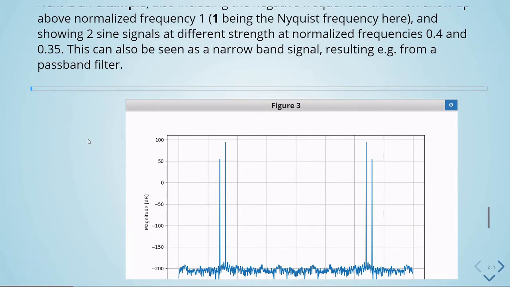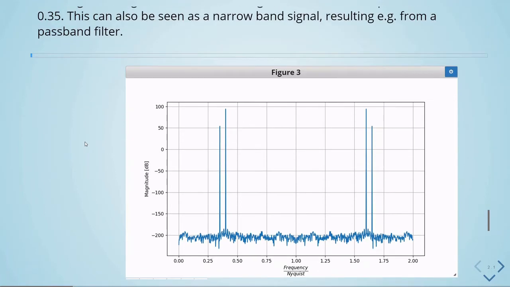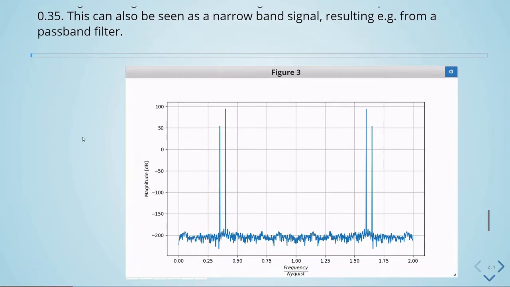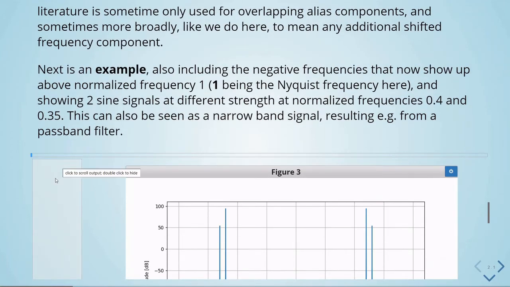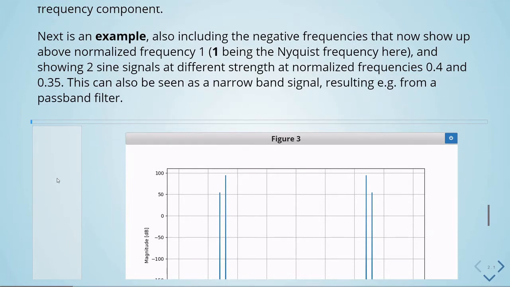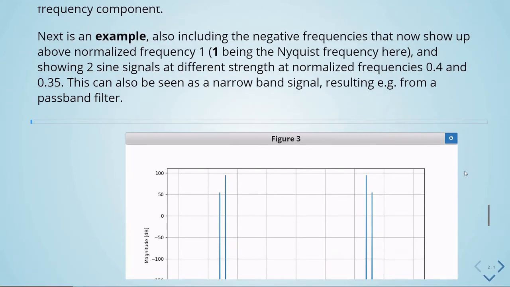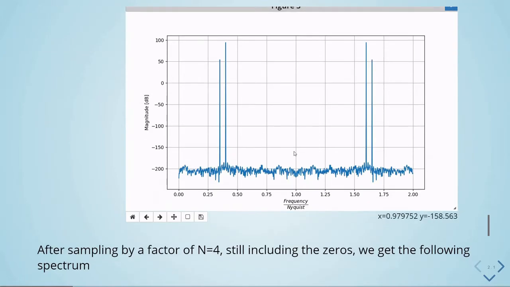This can also be seen as a narrowband signal, for example resulting from a passband filter.